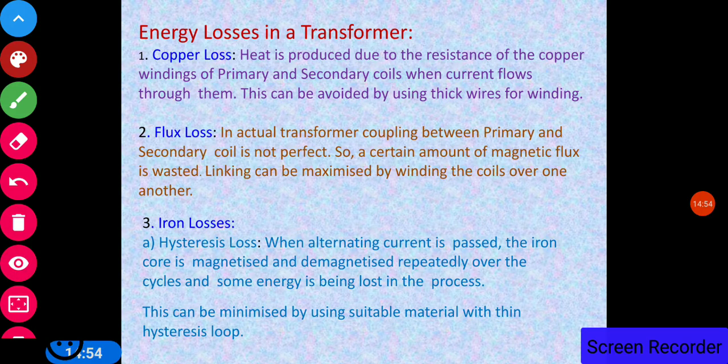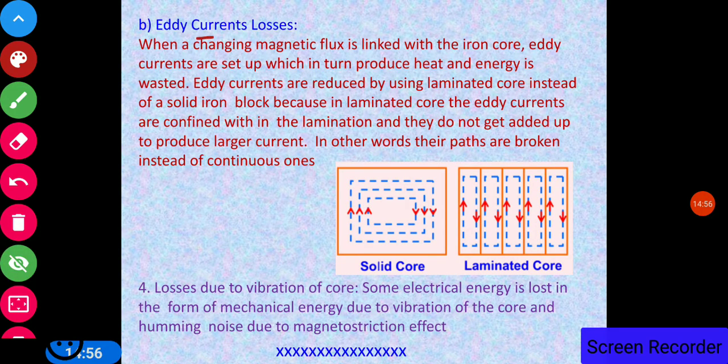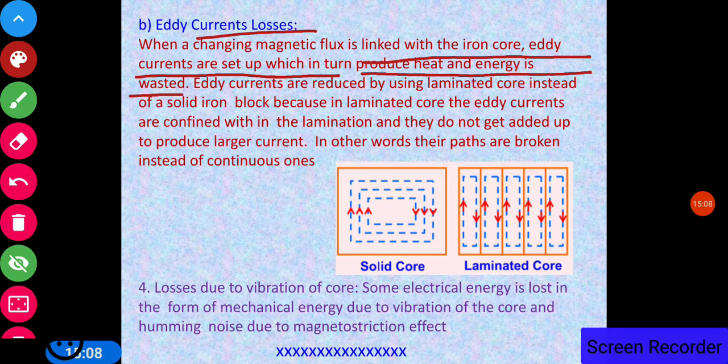Now eddy current losses. You have learned eddy currents in the previous lecture. Whenever a changing magnetic flux is linked with the iron core, eddy currents are set up, which in turn produce heat, and energy is wasted. This can be reduced by using a laminated core.